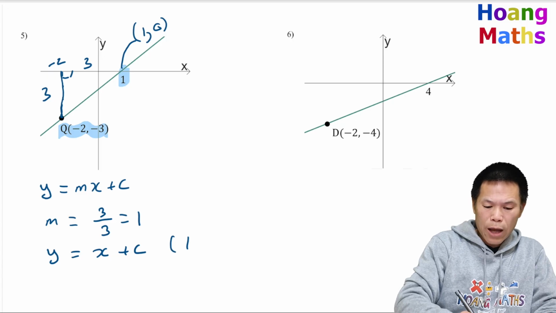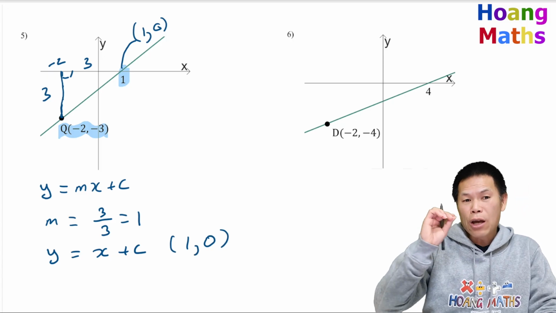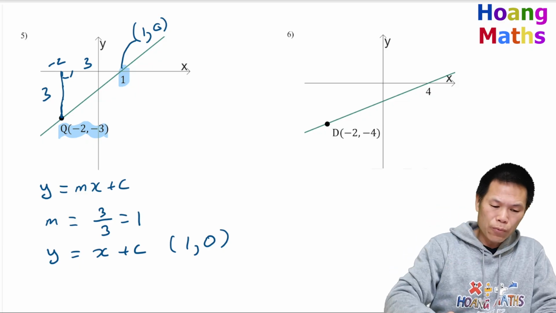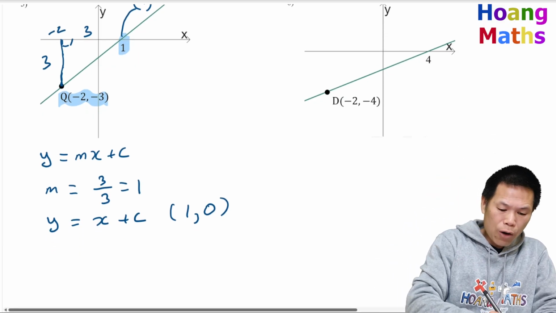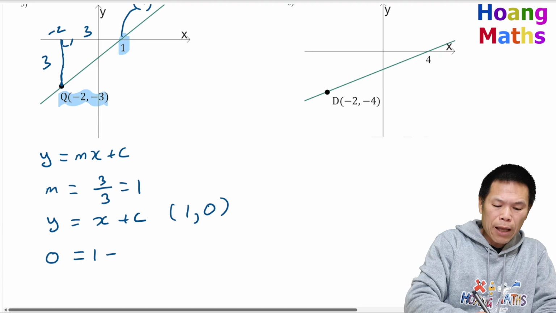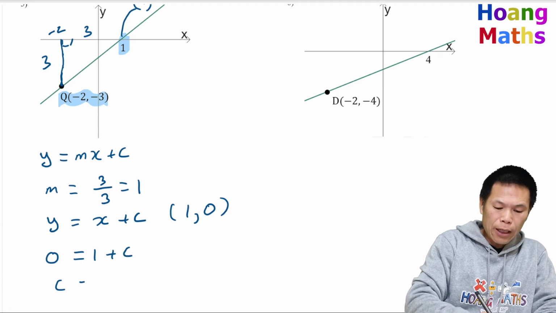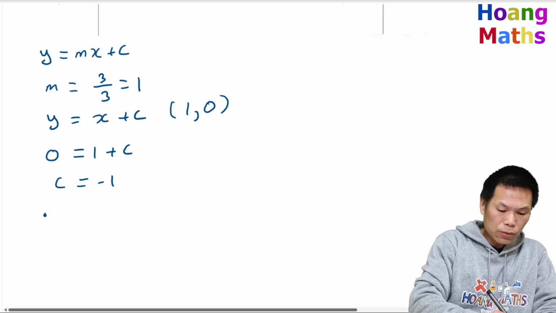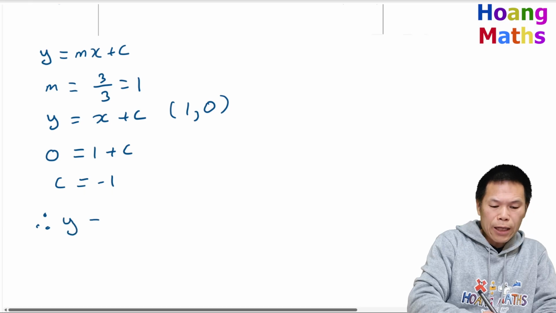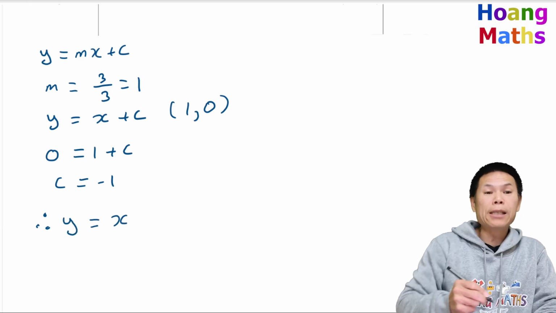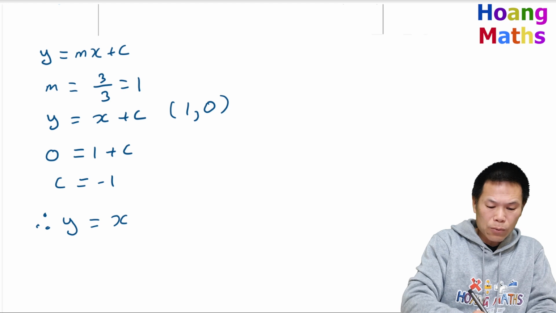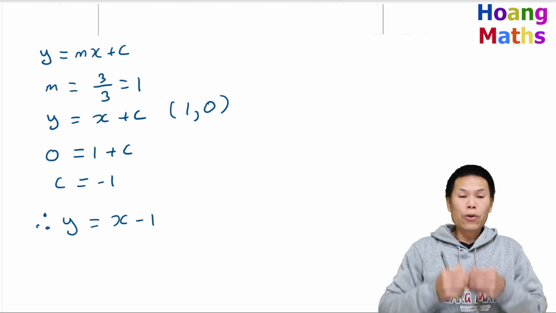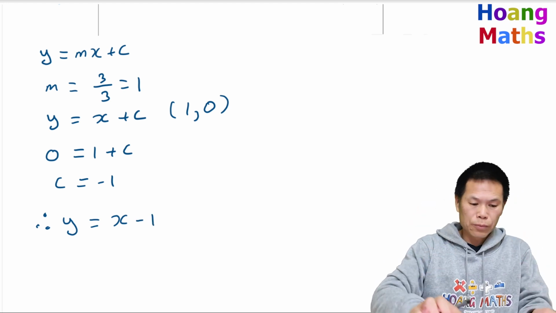This means that when x is 1, y is equal to 0. So that means 0 is 1 plus c. So c is negative 1. So therefore, y is x plus c, and c is negative 1, which is minus 1. So there you go.